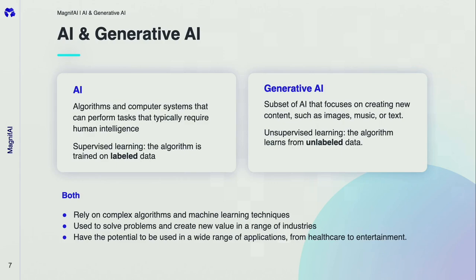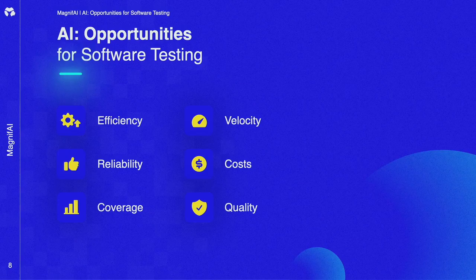So what about testing? That's why we are here. We have plenty of opportunities for the software testing industry while leveraging AI. Probably first of all, efficiency, because AI can definitely help with automating manual and repetitive tasks.